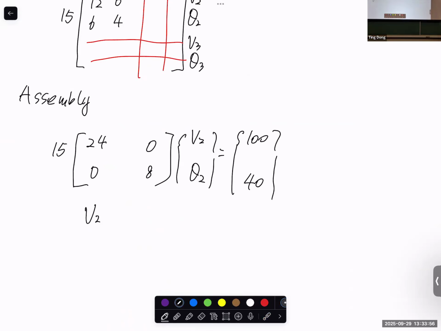I have an additional question. Let's say I want to ask you to calculate the reaction force at 1 and 3, how should we do it?